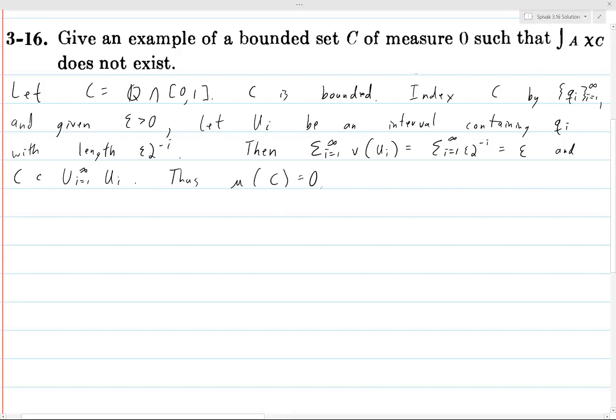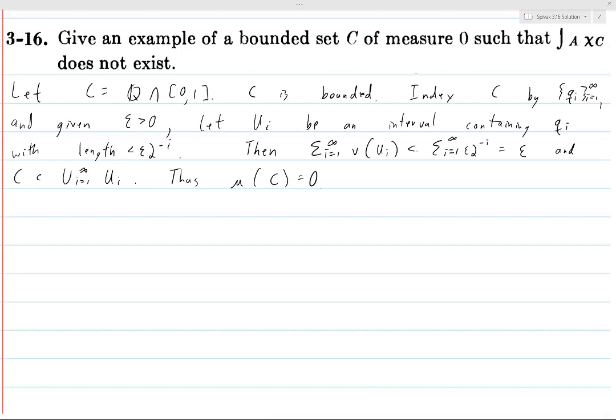This is how I write the measure of a set; this notation means C is a set of measure 0. The definition of measure 0 means you need a cover of the set such that the sum of the volumes of the sets in the cover is less than epsilon, and this needs to be true for any epsilon. That's what we have here, so it's a set of measure 0.